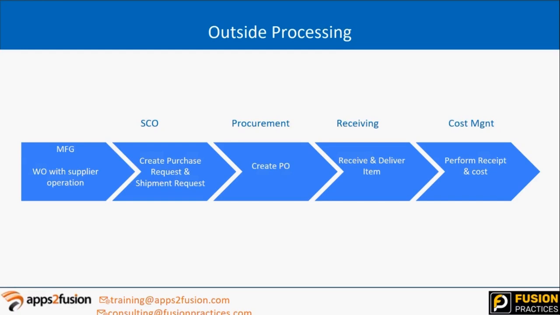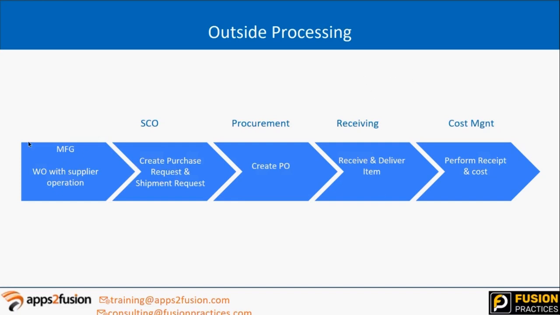Thank you. So our last flow in these business flows is outside processing. Outside processing is where one or more operations in your work definition or routing is outsourced to another vendor.